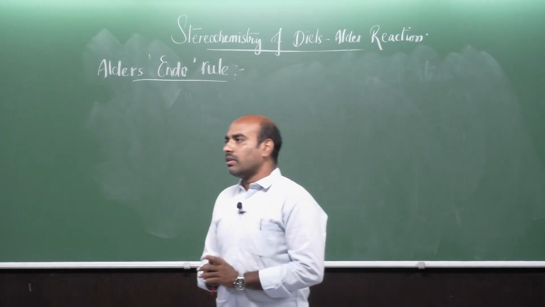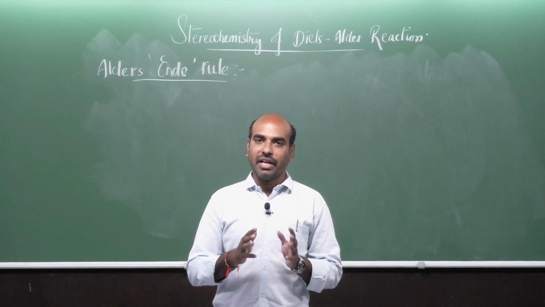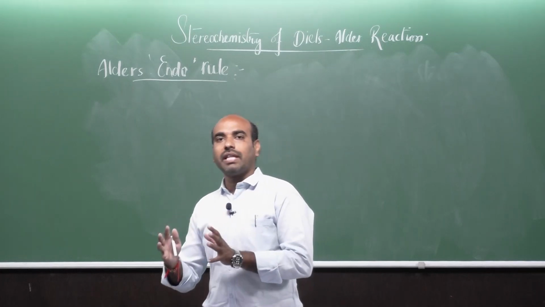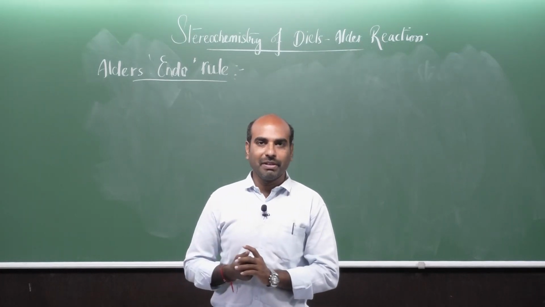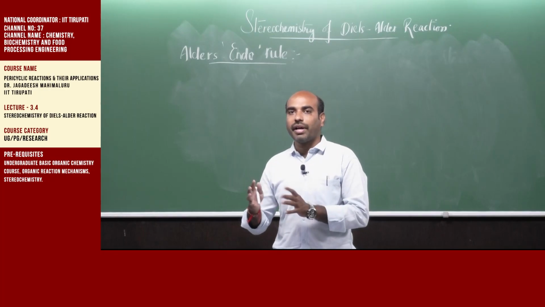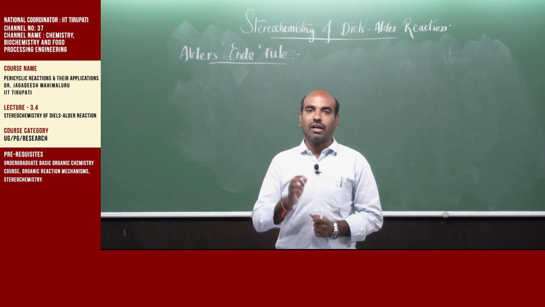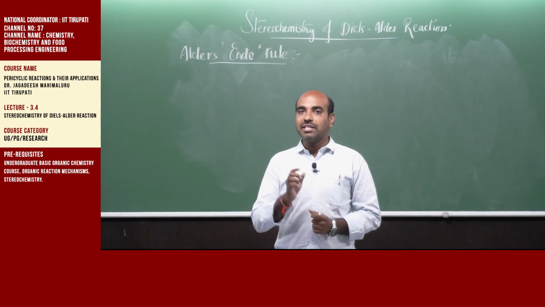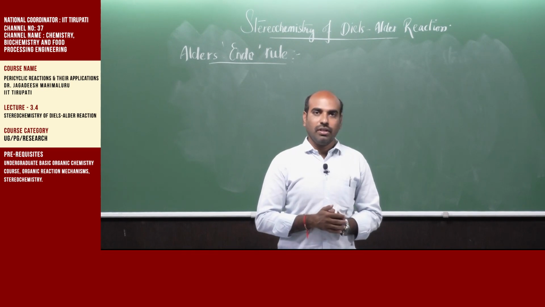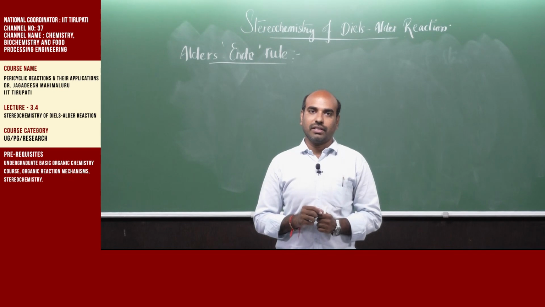Now, when he observed the dienophiles coming with an electron withdrawing group, and specifically the electron withdrawing groups are unsaturated functional groups like carbonyl group, ester group, cyano group, something like that, right.